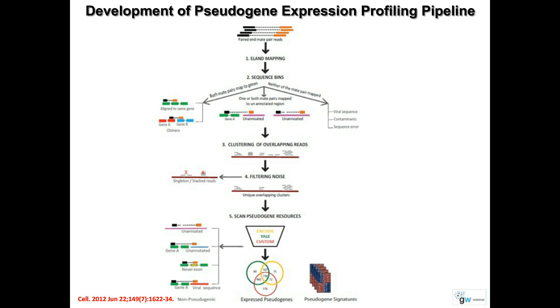When the mate pairs map to already annotated genes, you can separate those reads, but select only the reads where one mate maps to a known gene and the other mate does not map to any region, or sometimes both mates may not map to any known location in the human genome because the ends of these mate pairs are different. So these are all the types of reads needed for pseudogene analysis.